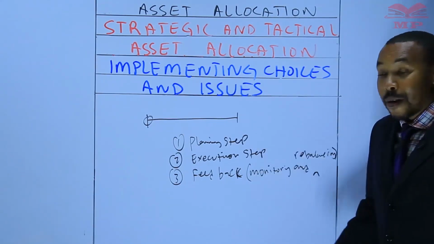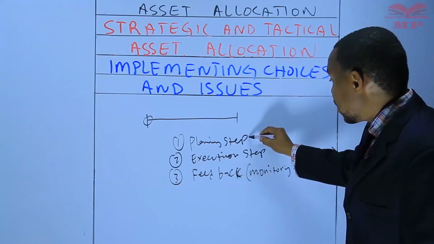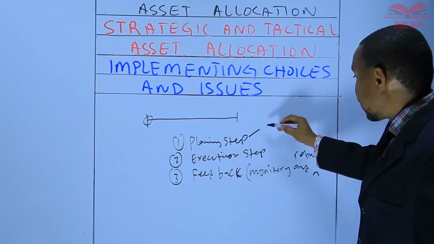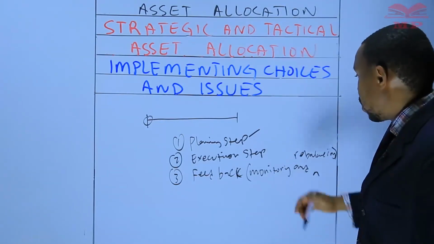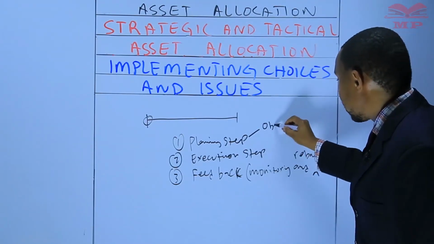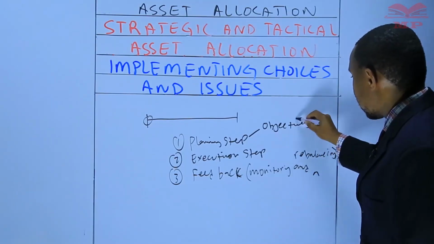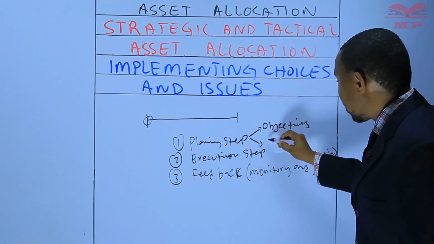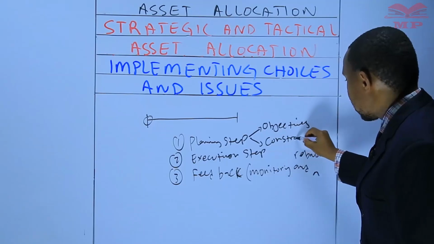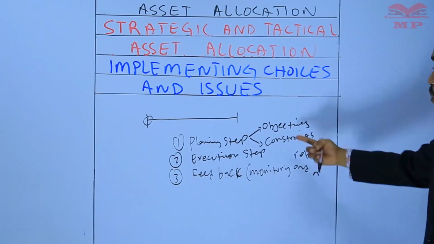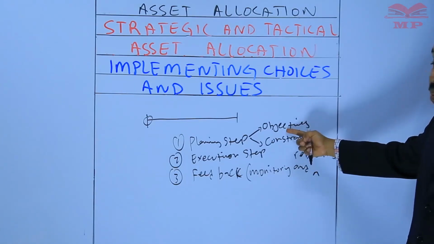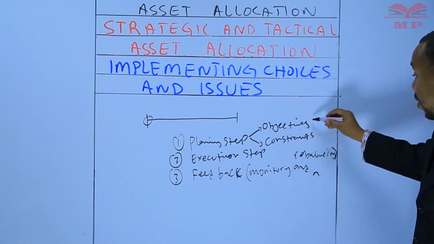Under the planning step, what is needed is that we need to identify either the strategic asset allocation or tactical asset allocation. So we try and formulate the objectives against constraints there. The objectives of a portfolio are risk and return.